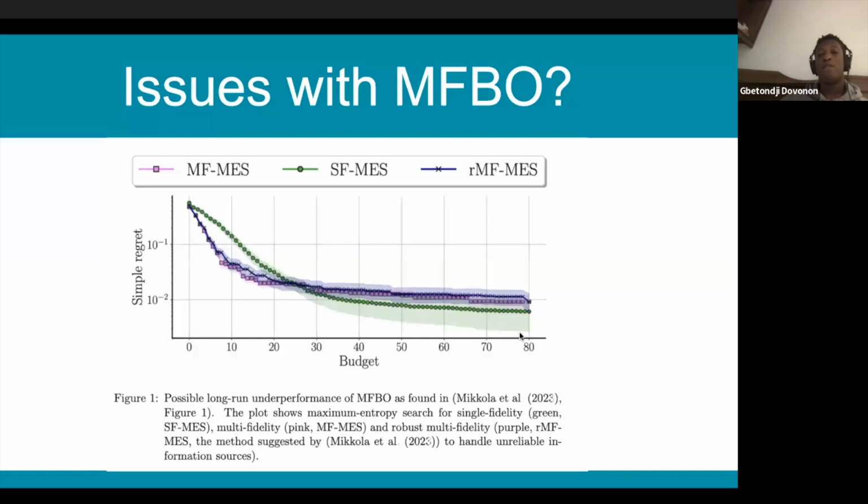Then the single fidelity method is better. That highlights a possible issue in terms of the long-run performance of the multi-fidelity methods. What happens when the available budget increases? And that's the issue that we decided to look at and analyze.